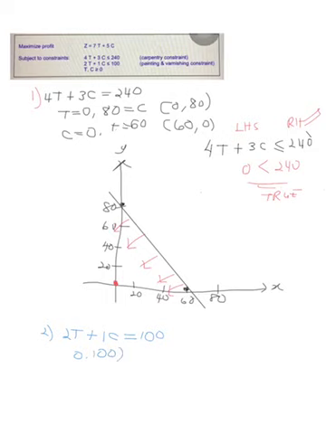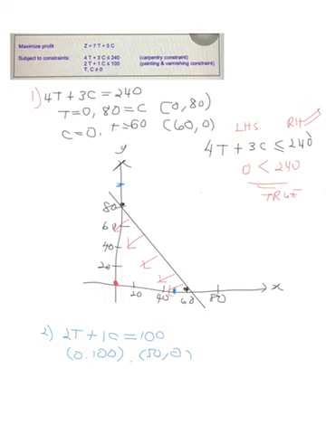When c is 0, t will be 50. So we have 2 points here: (0, 100), which should be here, and (50, 0) at this point.